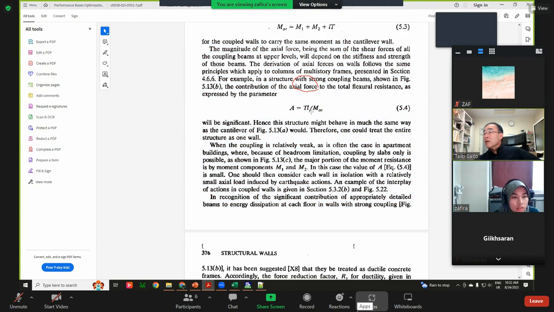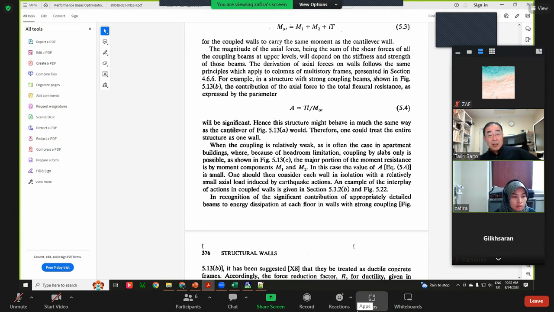It's a kind of coupling ratio, no? I think this is the coupling ratio because it's divided by the total overturning moment. Axial load times the length, and then divided by the total overturning moment. The degree of coupling. So here, the value A is the coupling by moment.